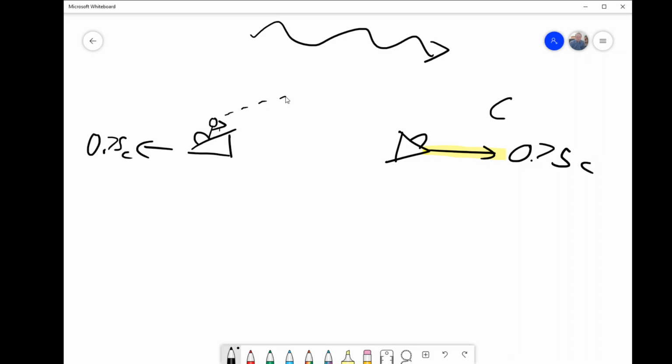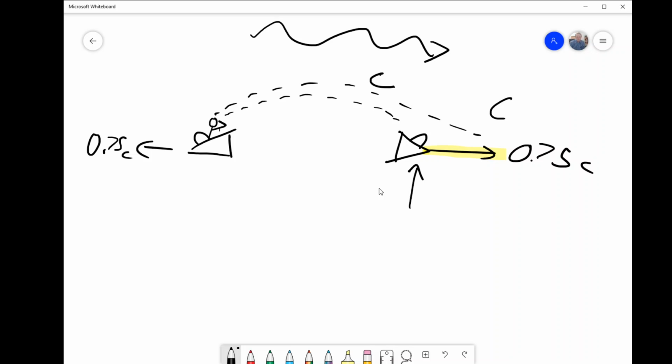This observer will say there's one speed for the spaceship, and the light is moving at speed c because the speed of light is always the speed c. So therefore, this light is faster than the spaceship. It's moving further to the right.